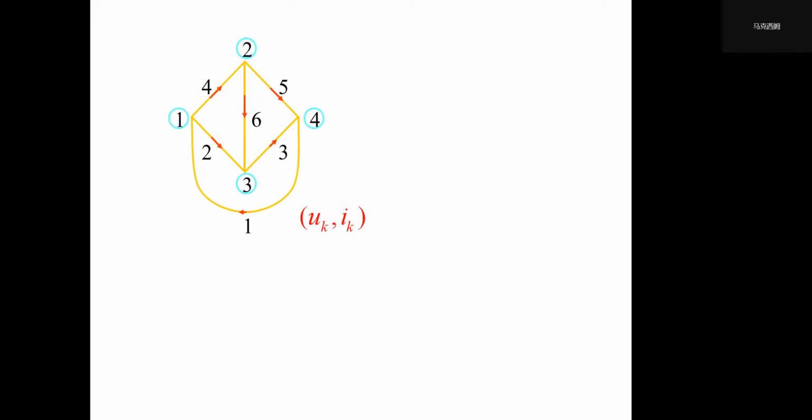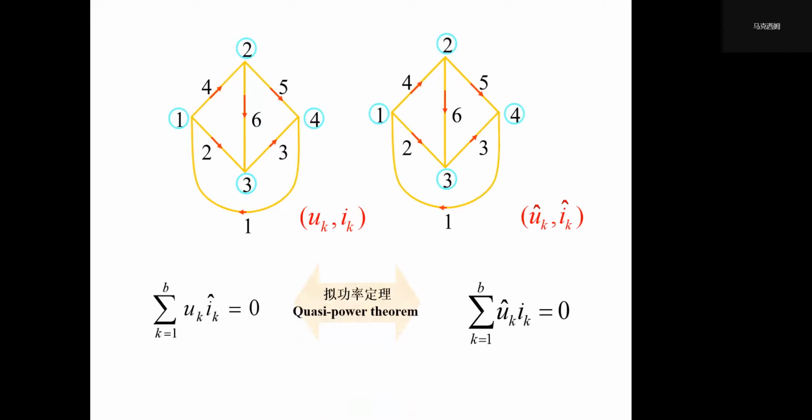So this is the first circuit, and this one is the second circuit. The first one has the branch voltage Uk and the branch current Ik. The second one has branch current Ik with a hat, and its voltage is Uk with a hat. And we exchange their voltage and current.